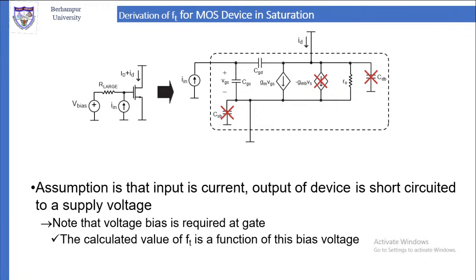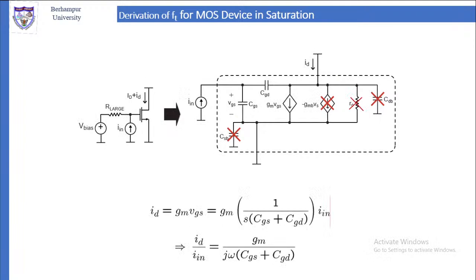The calculated value of Ft will be a function of this bias voltage. We'll see that later. So this is for the derivation of Ft. These are things that we have to remember.